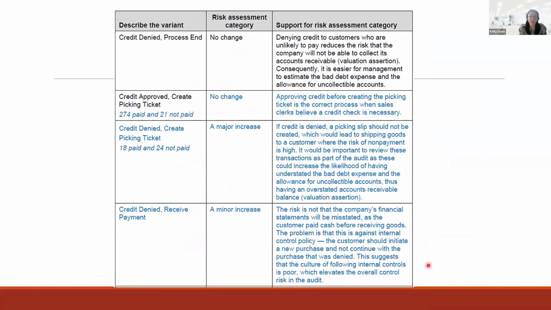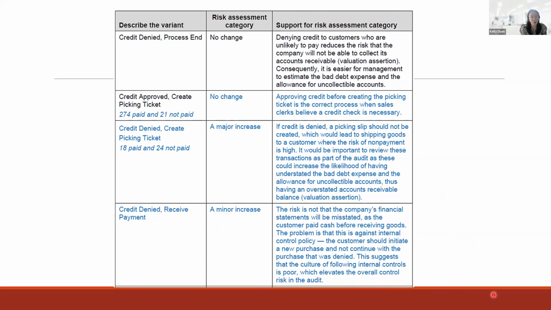From the audit perspective, during their risk assessment, auditors may reconsider the risk level associated with the non-acceptable variants. In this case, auditors can consider increasing the risk level for the last two activities shown here.